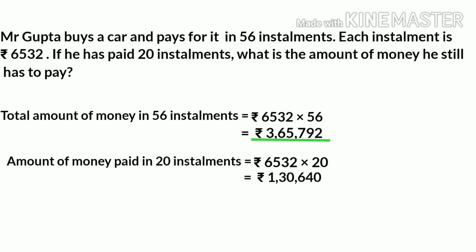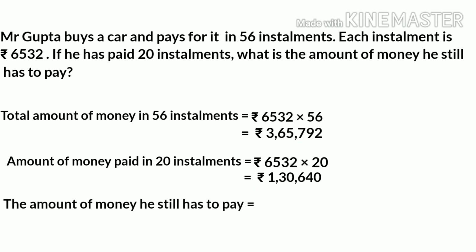So now we have the total amount of money in 56 installments and we also have the amount of money paid in 20 installments. And we are asked to find the amount of money he still has to pay. To find this, we need to subtract the amount of money paid in 20 installments from the total amount of money in 56 installments. That means we need to subtract rupees 1,30,640 from rupees 3,65,792.